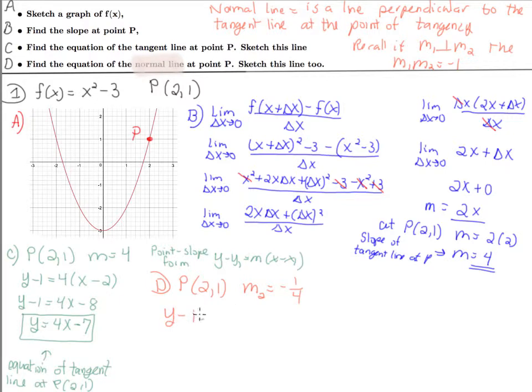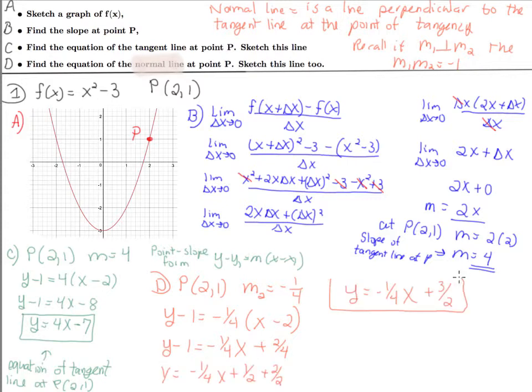I'll use the point slope form, replacing y1 with 1 and x1 with 2, and our slope with negative 1/4, and then simplify the equation down and solve for y. y equals negative 1/4 x plus 3/2 is the equation for the normal line at point P.